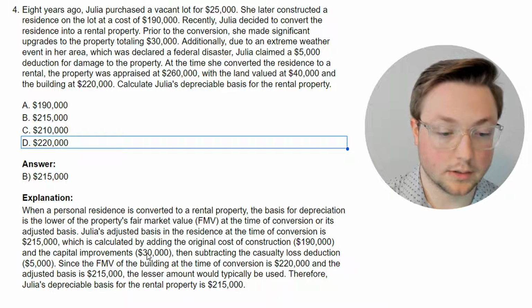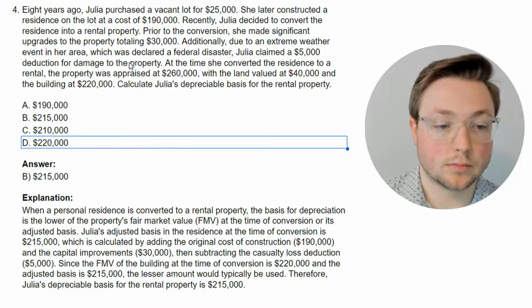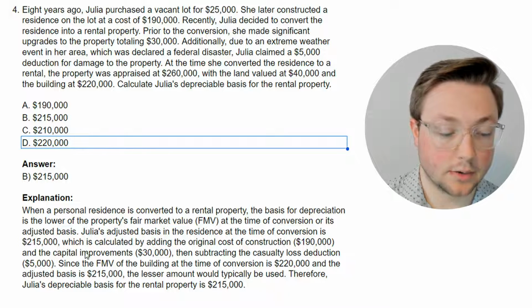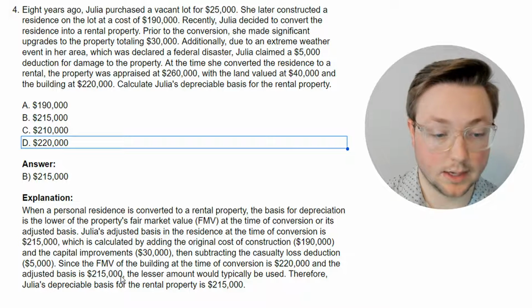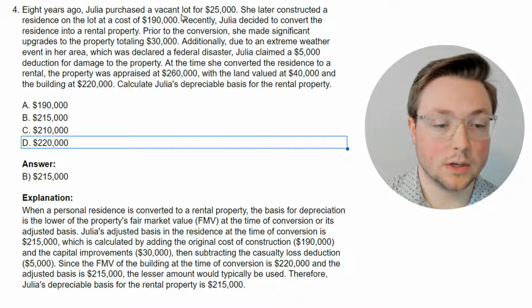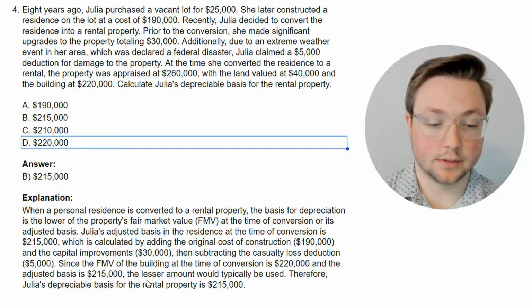Okay, so $220,000, then subtracting the casualty loss deduction. So a casualty loss deduction, if that's taken, that does affect the basis. Okay. So since the fair market value of the building at the time of the conversion is $220,000 and the adjusted basis is $215,000, and again, this was the basis of the building at the date of the conversion, then it's the lesser of those two, so it'd be $215,000.